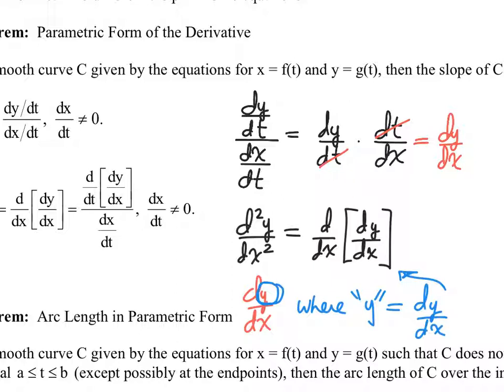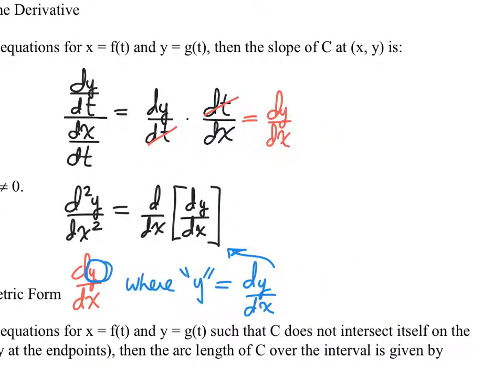All right, I couldn't think of a better way to do it than that. So now I have to actually take the derivative, but I do know what dy/dx is in general terms, I suppose. So I'm looking for d/dx of dy/dt over dx/dt.